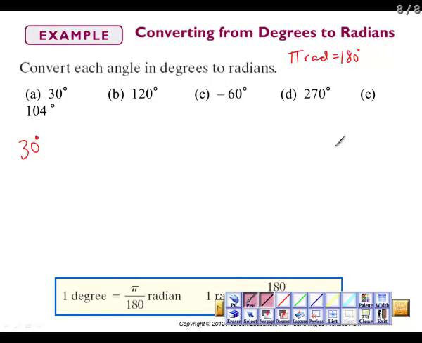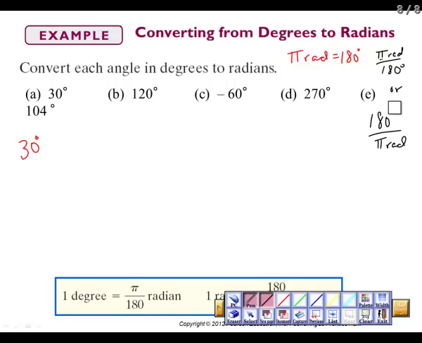So we ask ourselves, are we going to use pi radians over 180 degrees, or 180 degrees over pi radians?